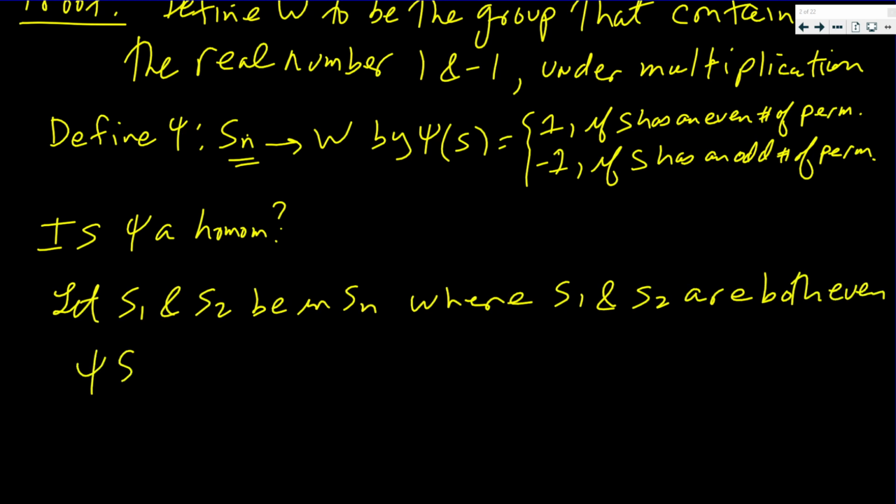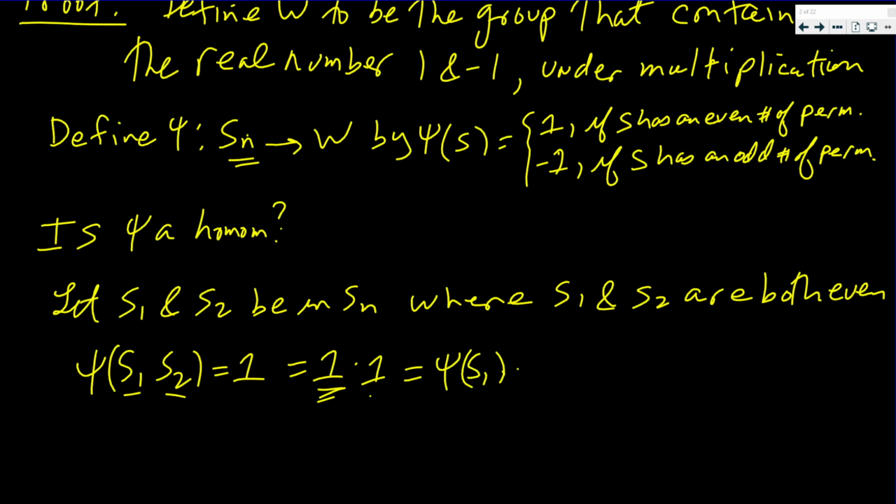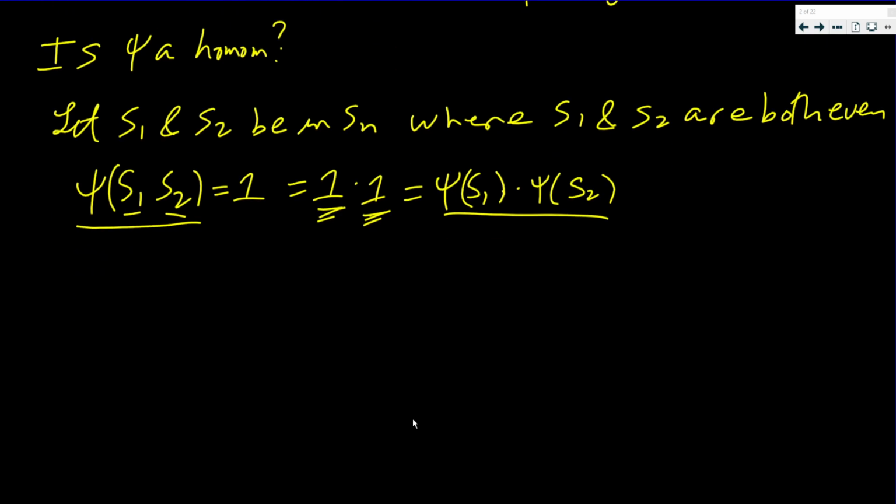So phi of S1S2, even times even is even, so this is 1. But 1 is 1 times 1, and that 1 is phi of S1, and that 1 is phi of S2. So when S1 and S2 are both even, we get the result that we want.